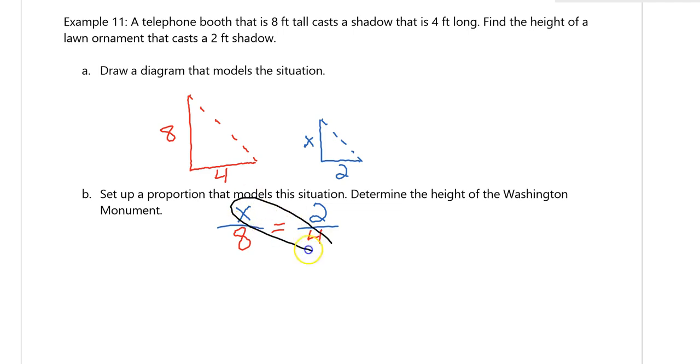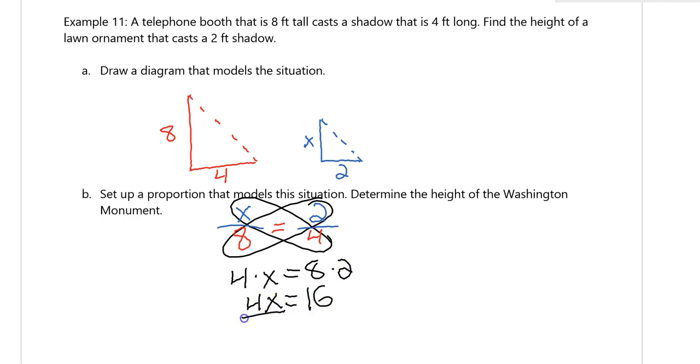So 4 times x, or x times 4, either one. 8 times 2. I have 4x equals 8 times 2 is 16. Divide both sides by 4. 16 divided by 4 is 4. Again, this is feet. So x equals 4 feet.